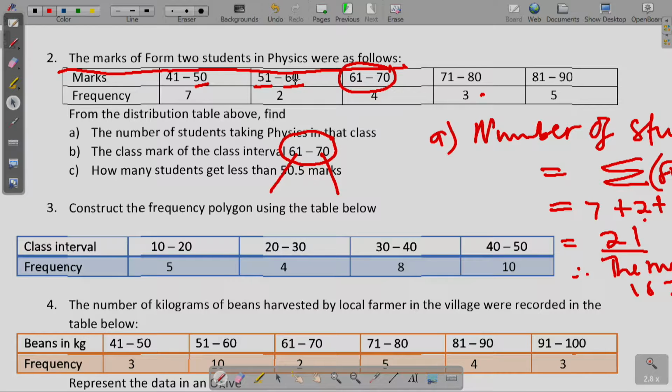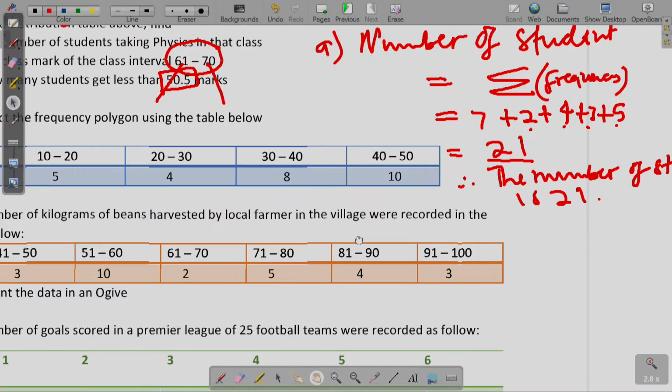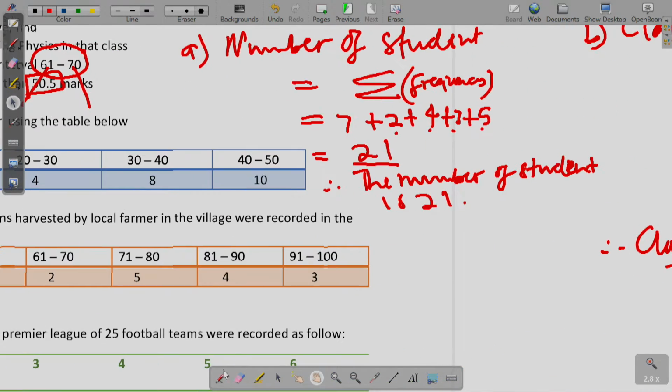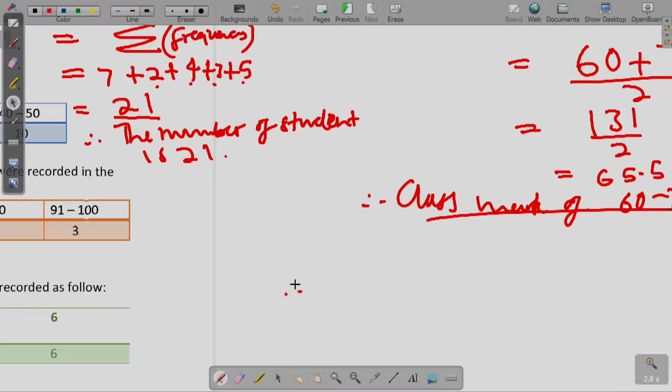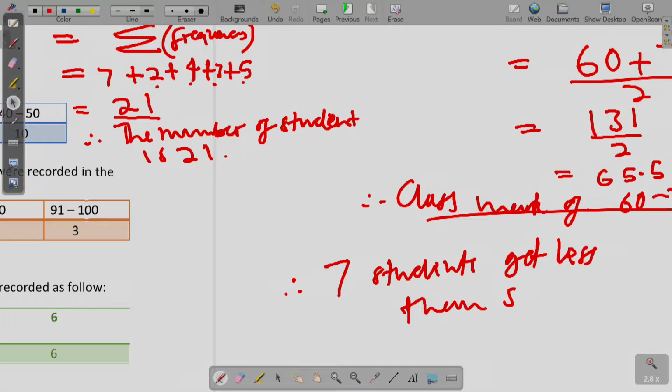This means that the students who get less than 50.5 fall in this class interval, and therefore the amount is 7 students. Therefore, 7 students get less than 50.5 marks.